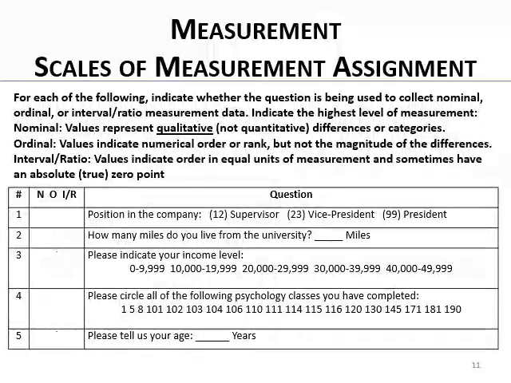You are, right? So we've got order. This is at least ordinal. Do we have equal differences between the categories? Is the difference between supervisor and vice president the same amount of underlying position as between vice president and president? No. So we're done. This is an ordinal scale of measurement.